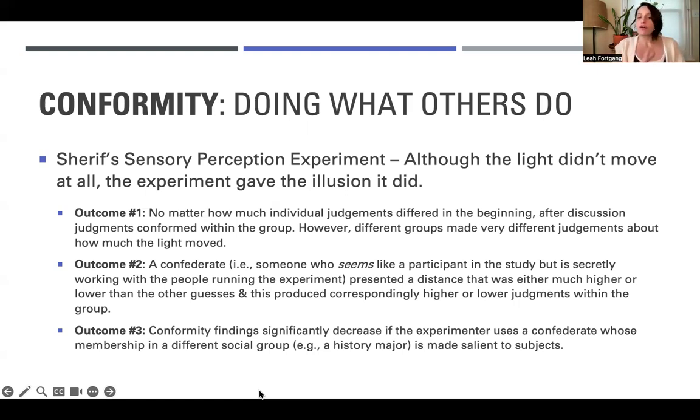Now, they did a sort of third round of these experiments where they had the confederate attempting to do the significantly higher or significantly lower guess to shift the general consensus either up or down in terms of the guess at how much the light moved.